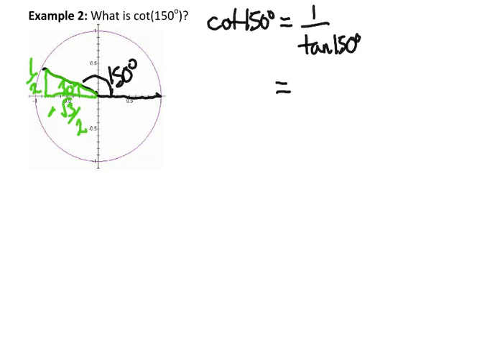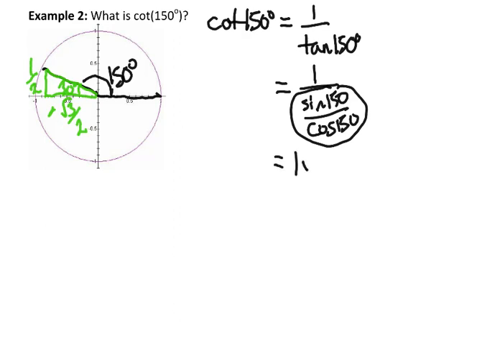So what I need to do is plug in the fact that tan of 150 is equal to sine of 150 divided by cos of 150. Then you could use the fact that, well, this would be 1 divided by a fraction, right? So this would be 1 times the reciprocal of that fraction. So 1 times cos of 150 divided by sine of 150.